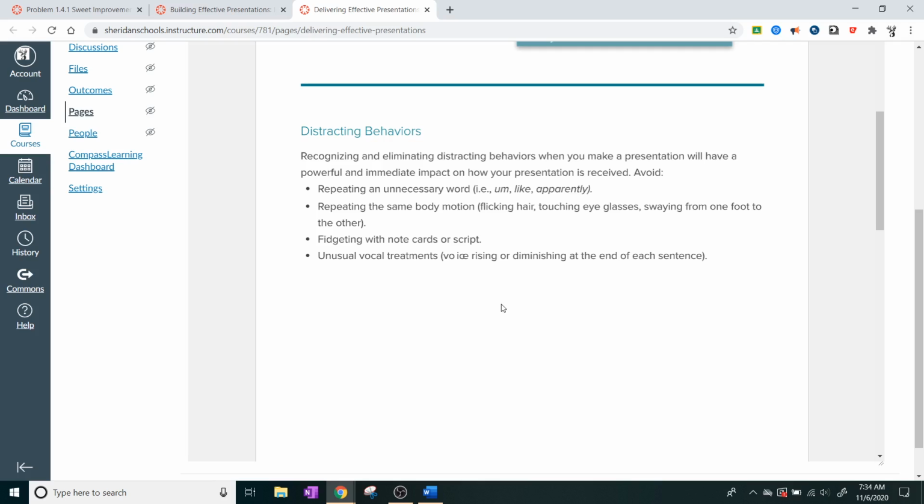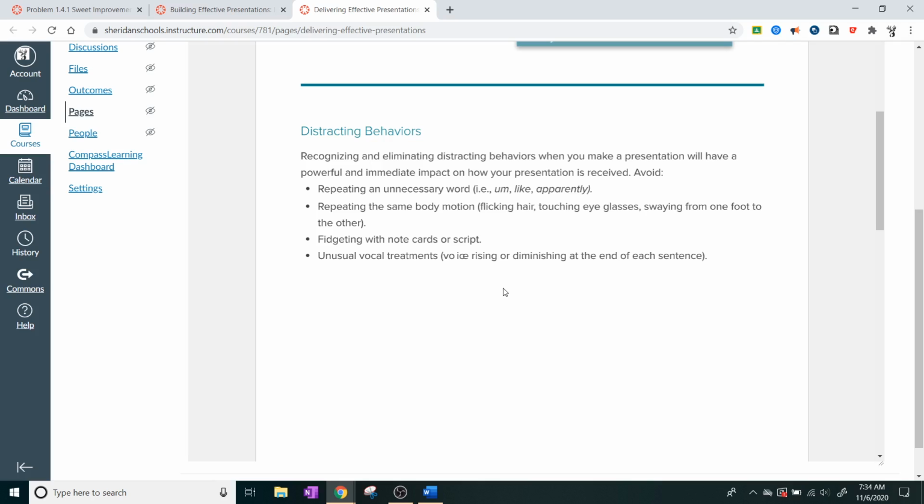And then unusual vocal treatments. If you make your voice rise, or if you get quieter at the end of every sentence so that people have to strain to hear you, you have to be careful with those as well, because some people need to muster up the courage, and they start off strong, but then as they try to finish the sentence, it gets weaker and weaker.